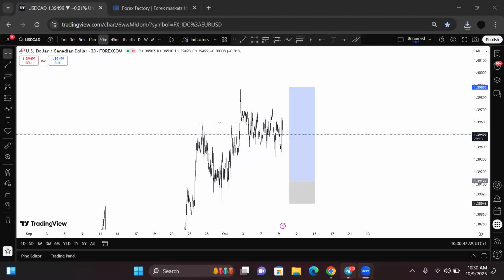I was wondering if we can be doing selling and buying depending on the market trend.